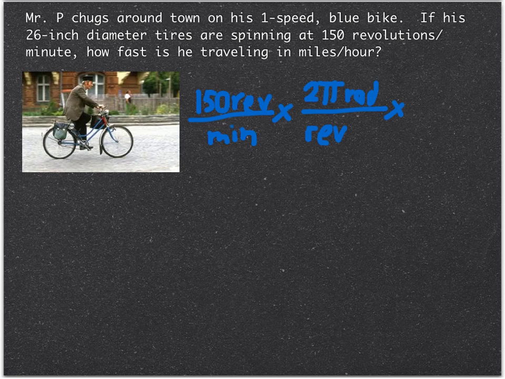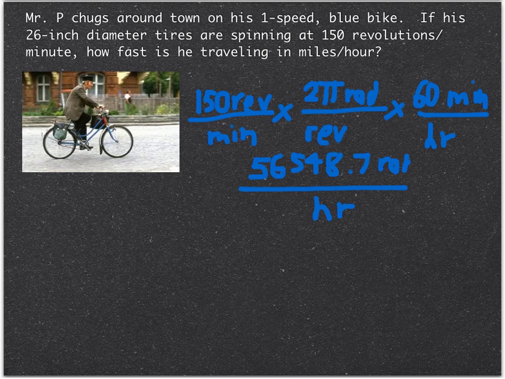And also I know that there are 60 minutes in 1 hour. So if I multiply all that stuff up, I get this monstrous number, 56548.7 radians per hour.